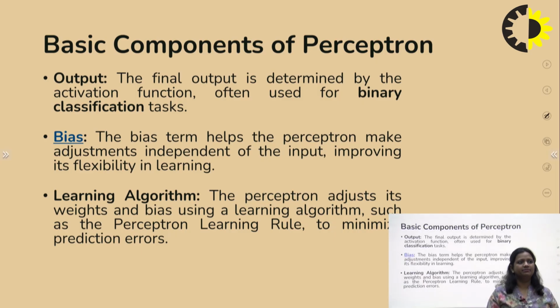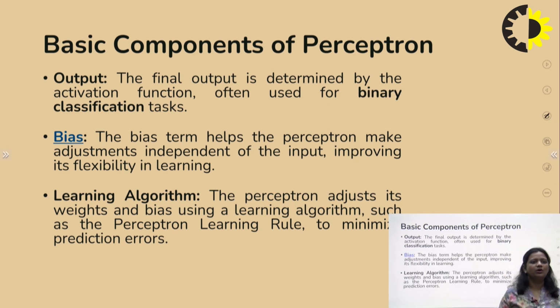Now, bias. The bias term helps the perceptron make adjustments independent of the input. Bias is a constant value that we use for the adjustment of weights and inputs, independent of the input, improving the flexibility in learning. Now, the learning algorithm.